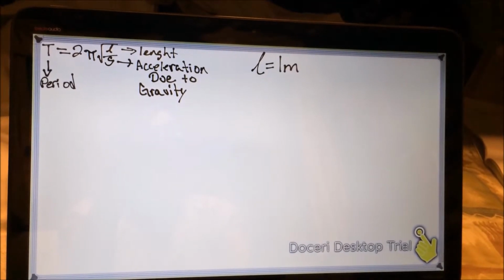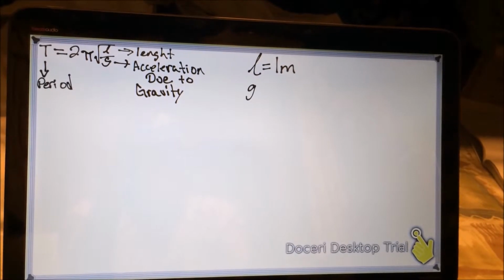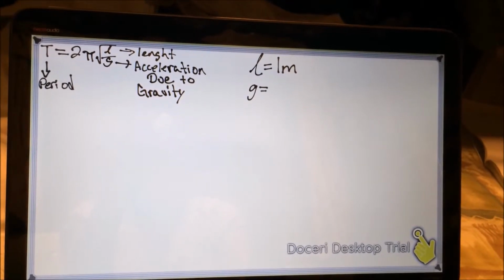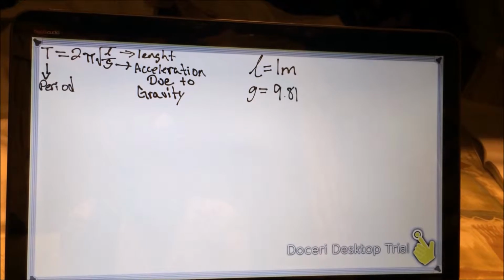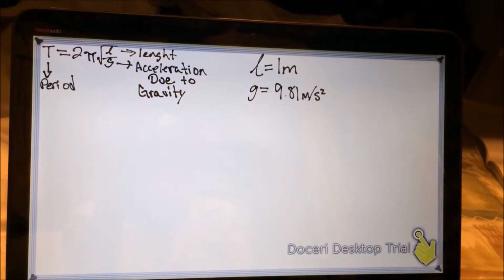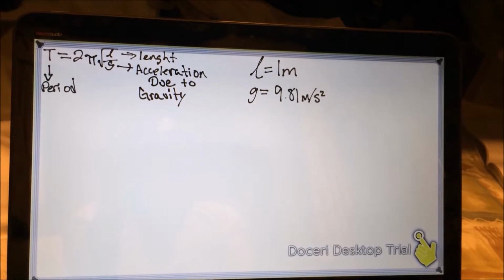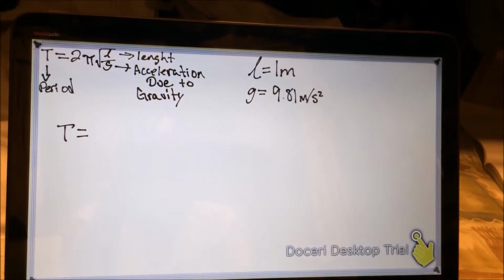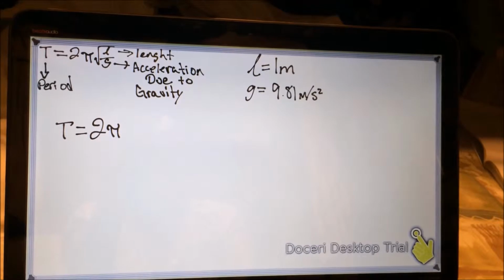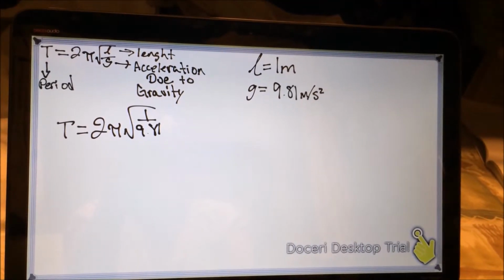Now, unless told otherwise, the acceleration due to gravity is 9.81 meters per second squared. So all we need to do here is plug in the numbers: T equals 2 pi times the square root of 1 over 9.81 meters per second squared.